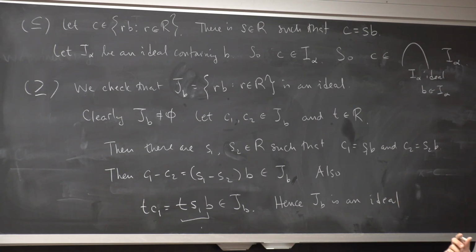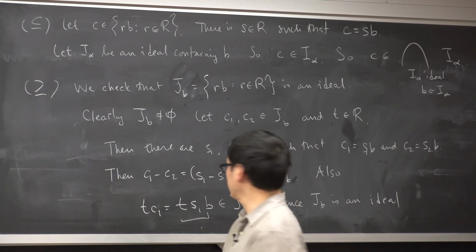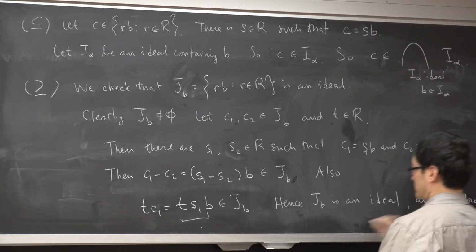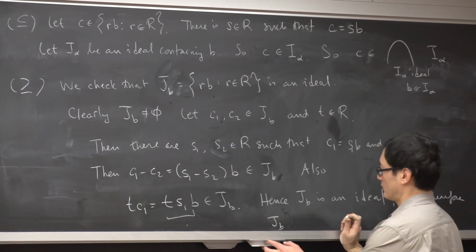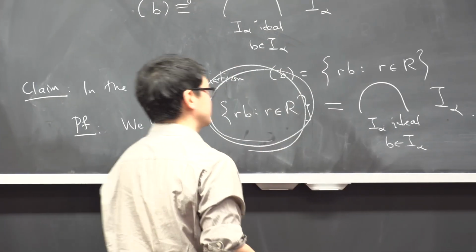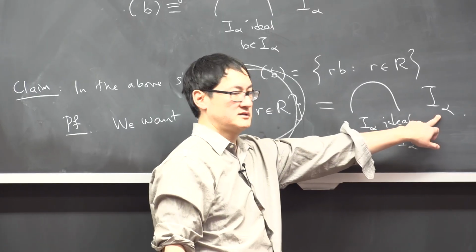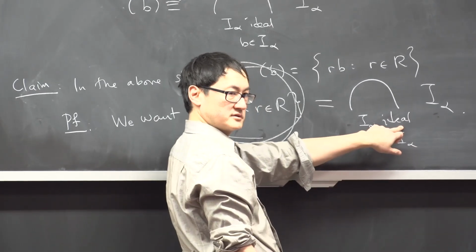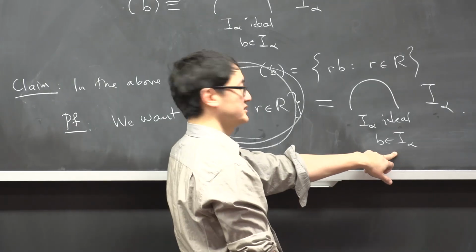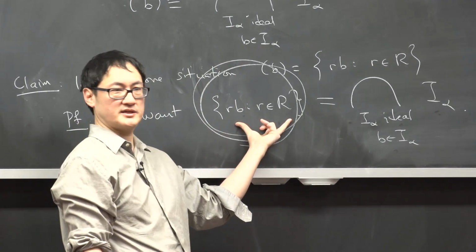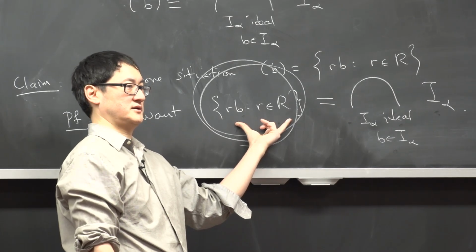So JB, what do we know about JB? This guy right here is such an I alpha. So JB is an ideal. Does JB contain B? Does this guy contain B?